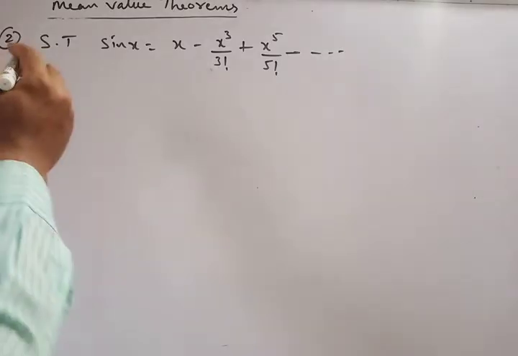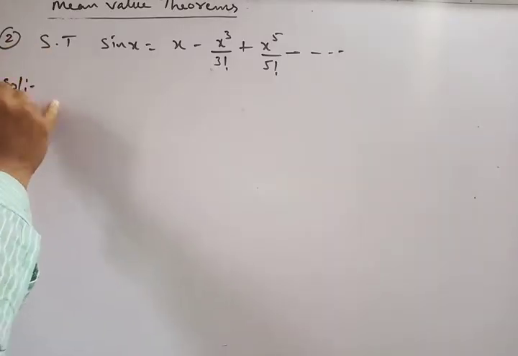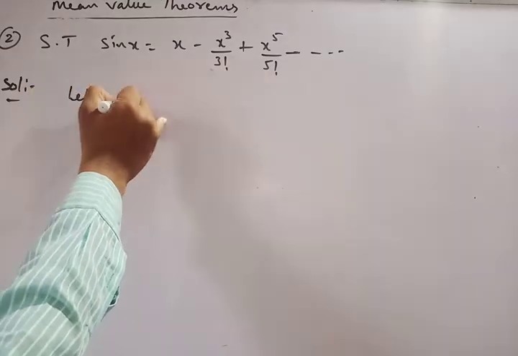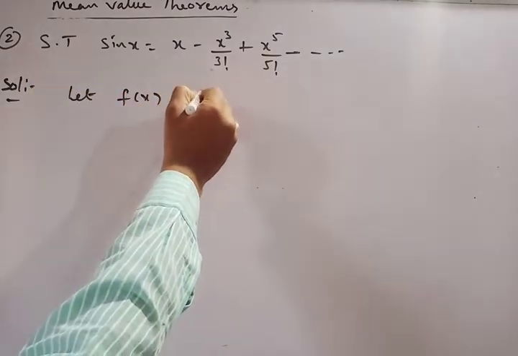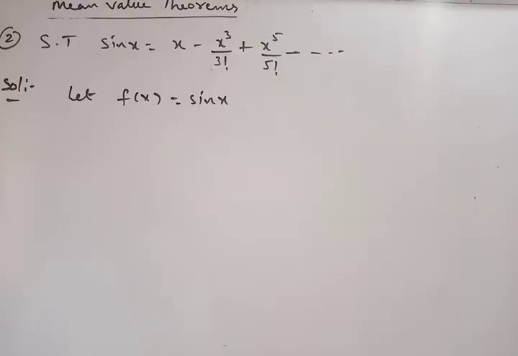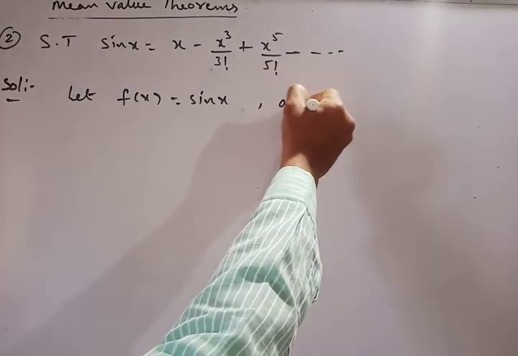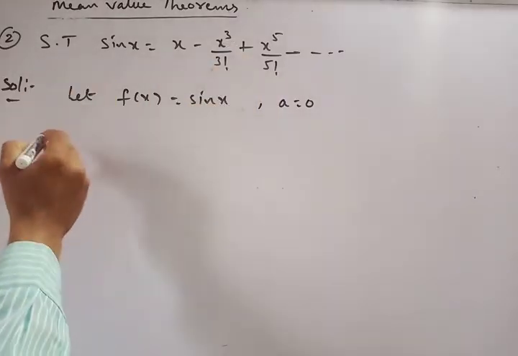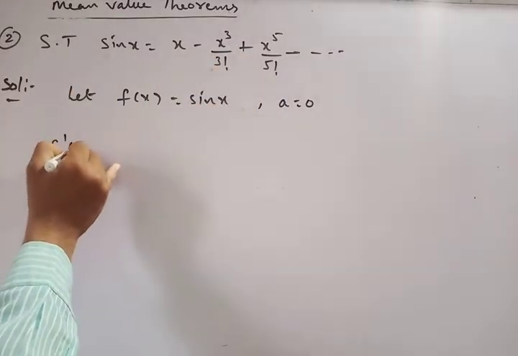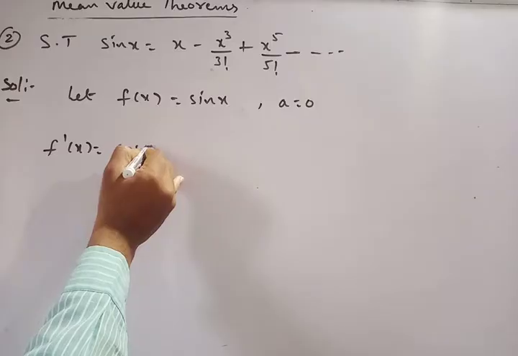See here. To prove this, let f of x be equal to sin x. He didn't give any a value, so let us take a equal to 0. Then f dash of x is cos x.